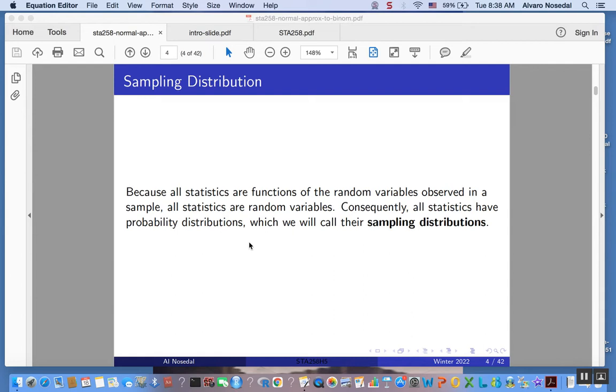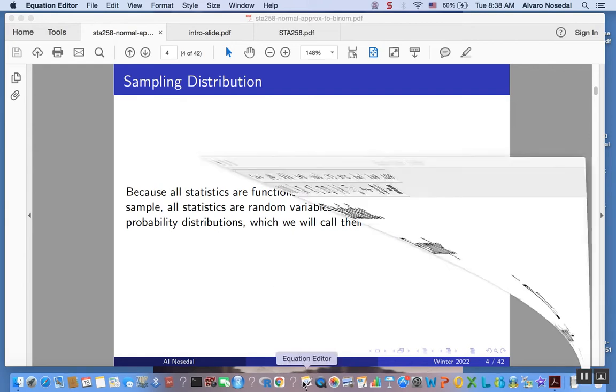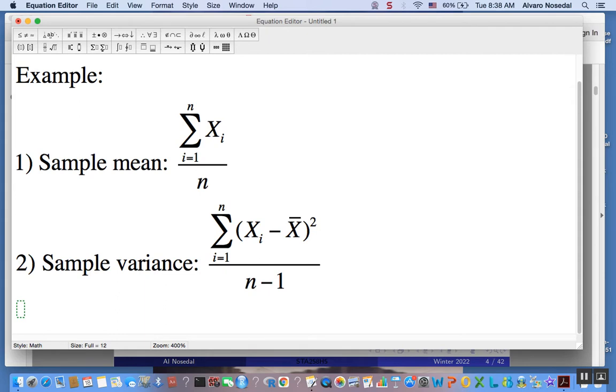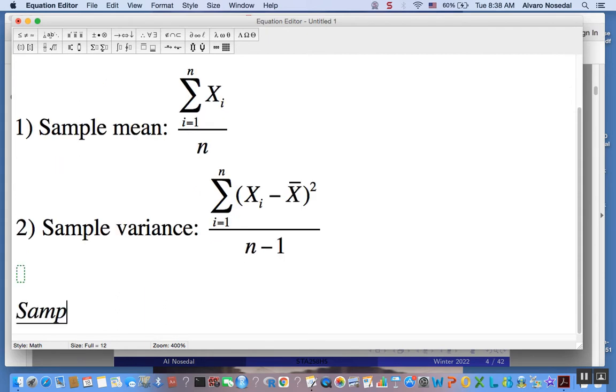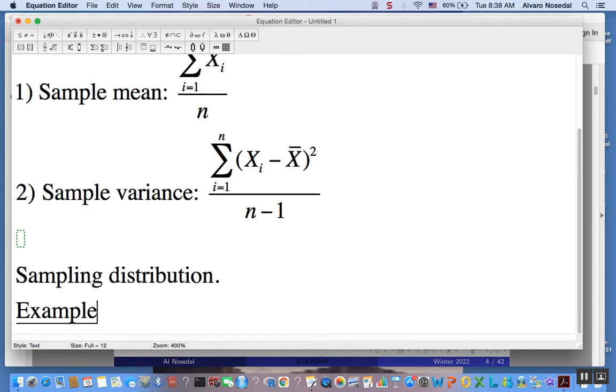Now let's talk about an example of a sampling distribution.